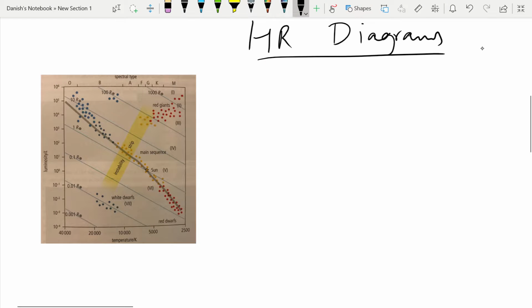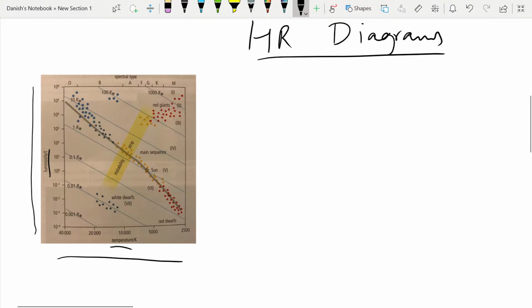Just look at this axis and this axis. So it's essentially plotting the stars. So different stars are in this diagram, and their position is determined by their luminosity, which is right here, and the temperature, which is right here.